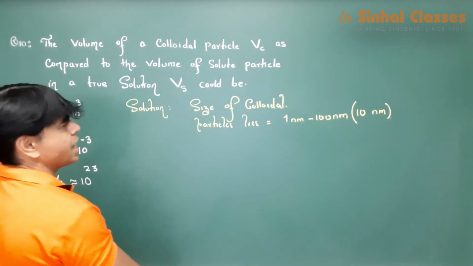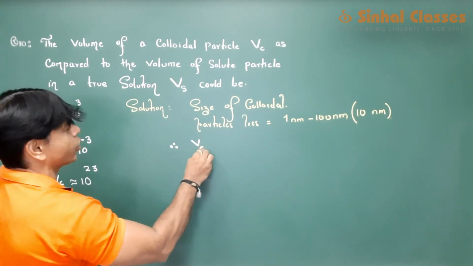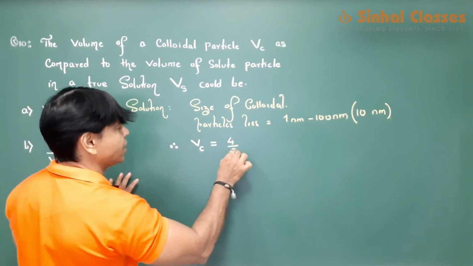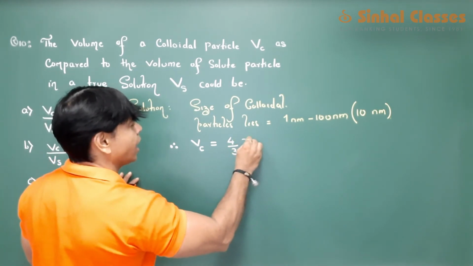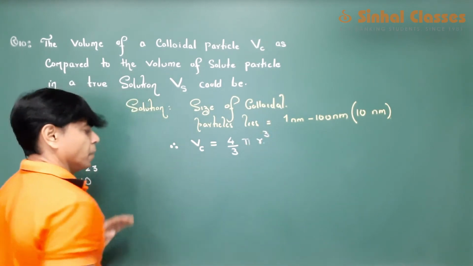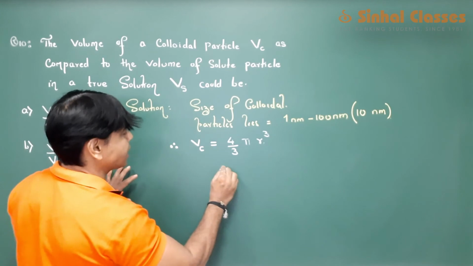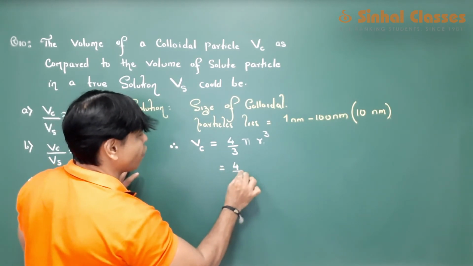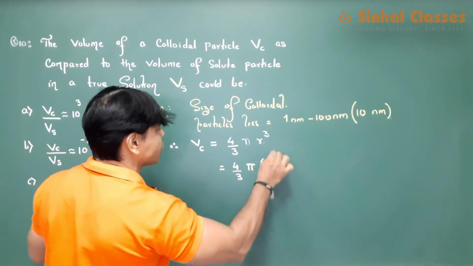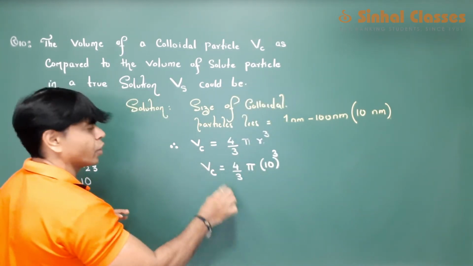So if I take 10 nanometer, therefore the volume of the colloidal particle is given by the formula 4 by 3 pi r cube. So in that case, it will be 4 by 3 pi into 10 cube. This is your volume of the colloidal particle.